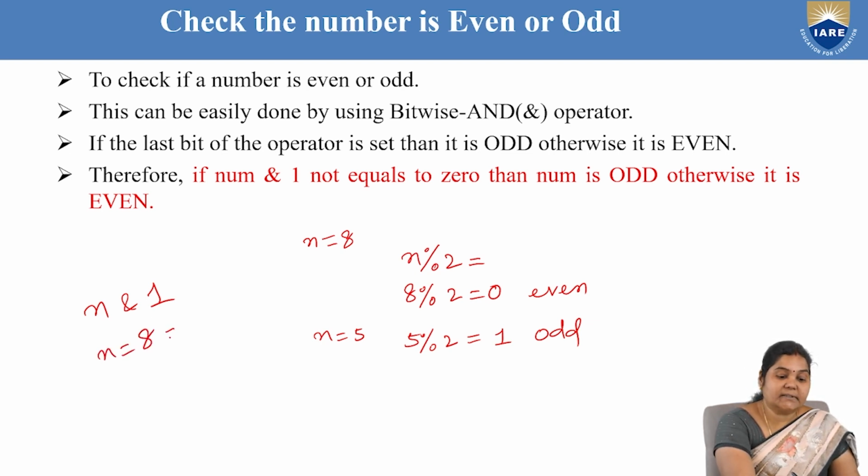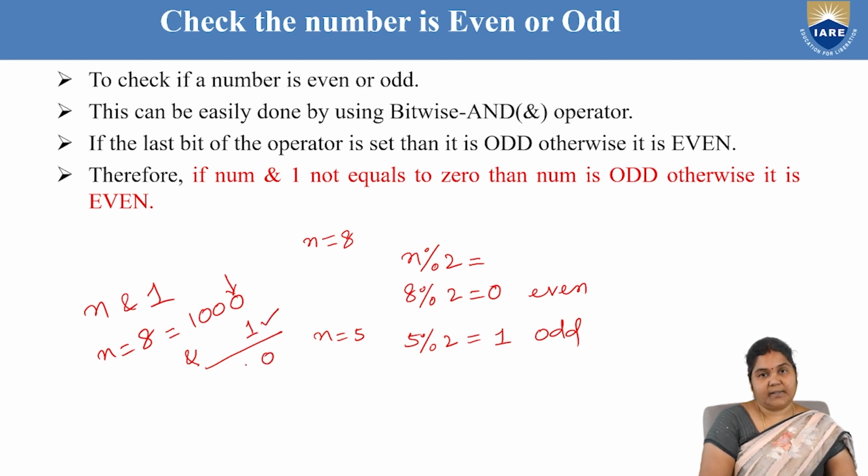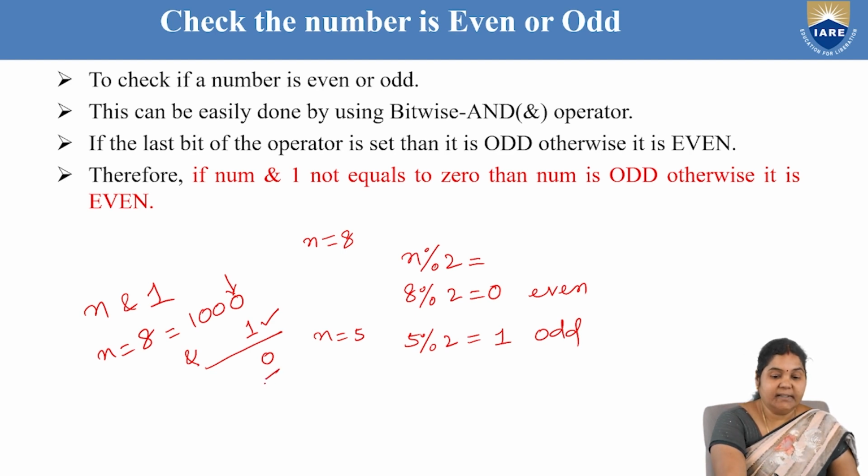We represent this number in binary: it is 1000. The last bit of the number is not set, it is 0. If you do the AND operation with 1, then this bit is unset, this bit is set. So 0 and 1 gives you the AND result as 0. So when the result is 0, you say that it is even.